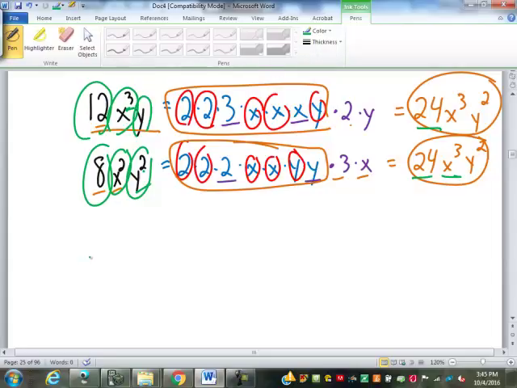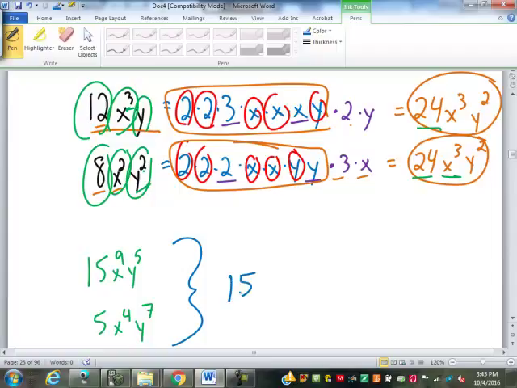So let's say I have 15x to the 9th, y to the 5th, and 5x to the 4th, y to the 7th. For the numbers, 15 and 5, what's the least common multiple going to be? You're thinking factors. 5 goes into 15.